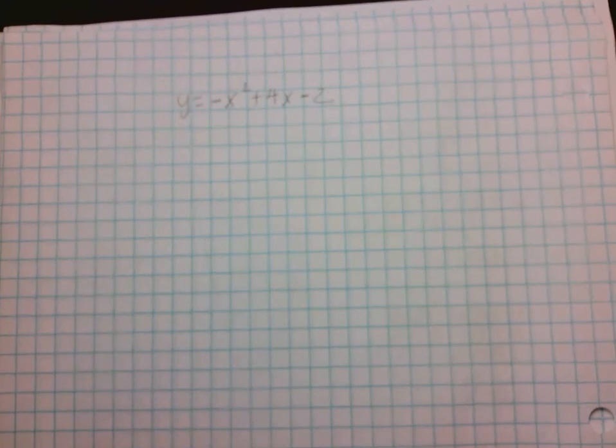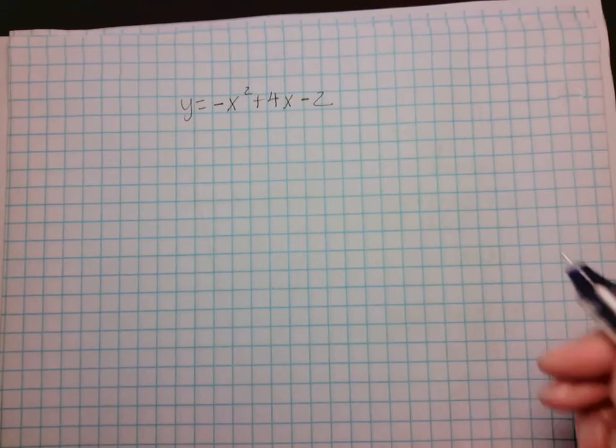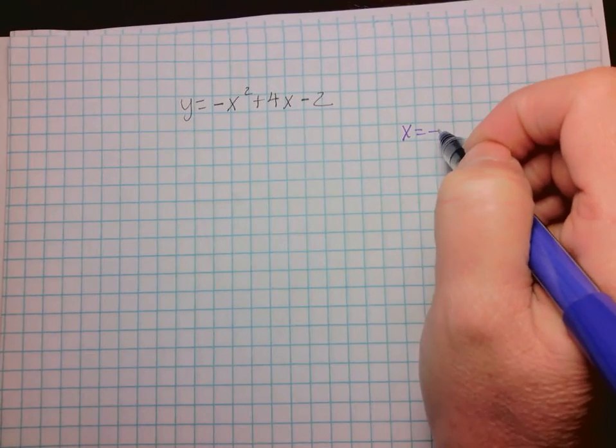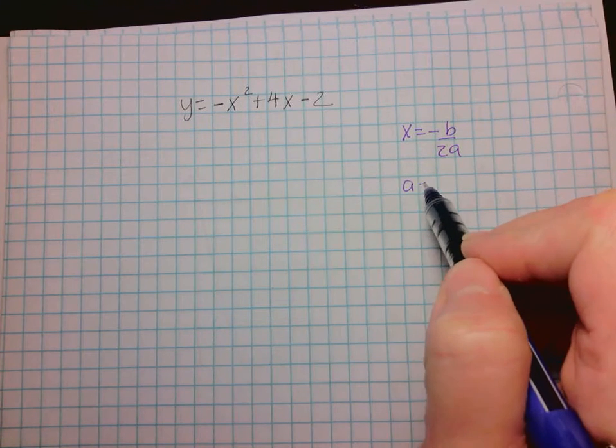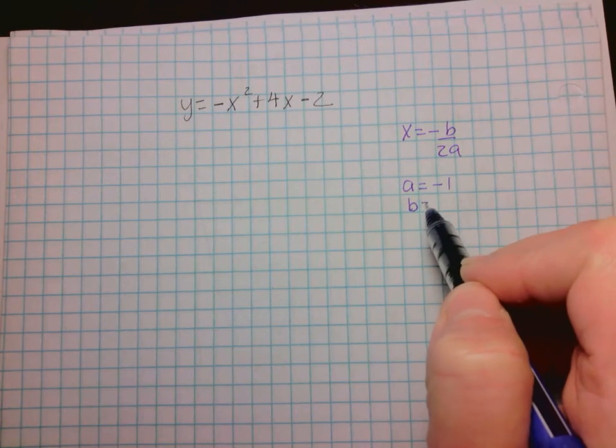Okay, so I want to go ahead and work this out for you. Step 1 says that I want to find the x-coordinate of the vertex, which is also going to be the equation for my axis of symmetry. So here my a is negative 1 and my b is 4.